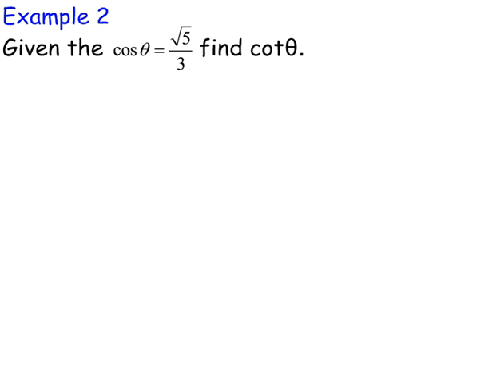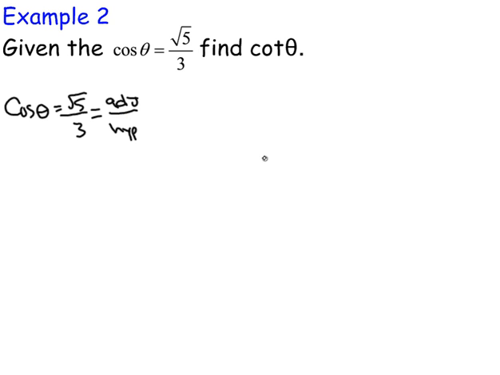Example 2, given the cosine of theta is radical 5 over 3, find the cotangent of theta. So if the cosine of theta is equal to radical 5 over 3, they are in essence giving us the adjacent side and the hypotenuse.